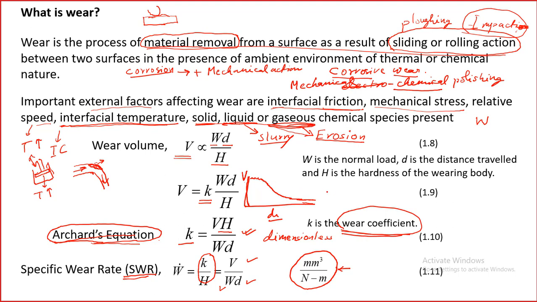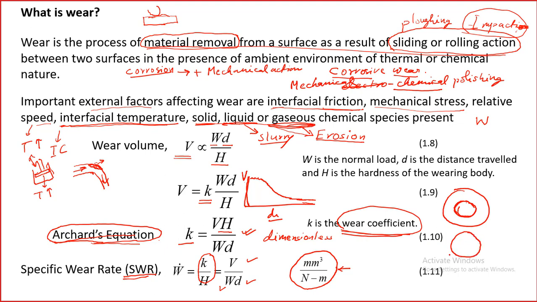And that is because most tribological devices or equipment have repeating action. For example, in the case of a bearing, the sliding continues on the same track or same path. But in only a few cases, you will see that there is always a new surface. For example, road and tire.